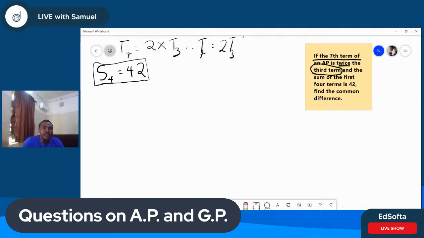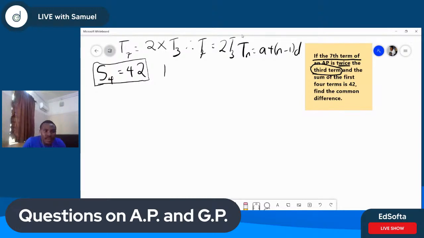T7 would be, so like I said, always go back to the formula. The formula tells us that Tn is equals to A plus n minus 1 d.